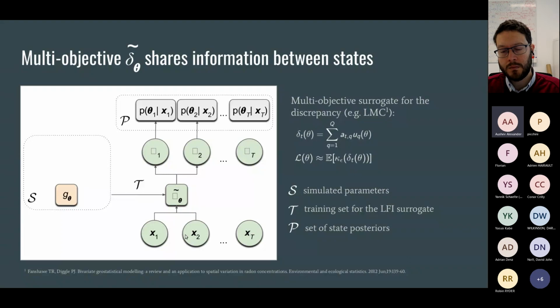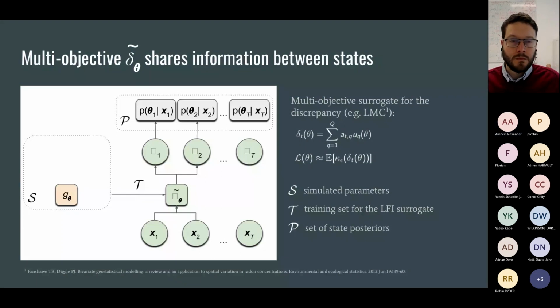What we want is to extract posteriors for each single time step, for each observed data x, and we do this by using a very similar idea to what we've seen previously, a surrogate for the discrepancy function.